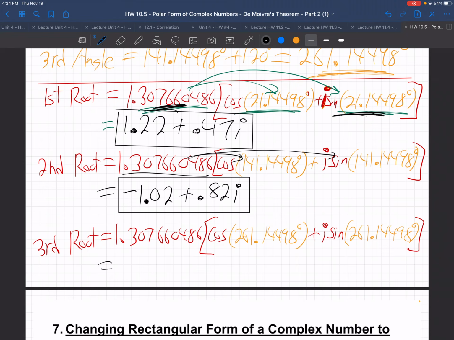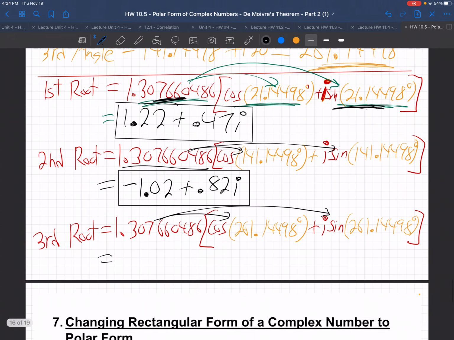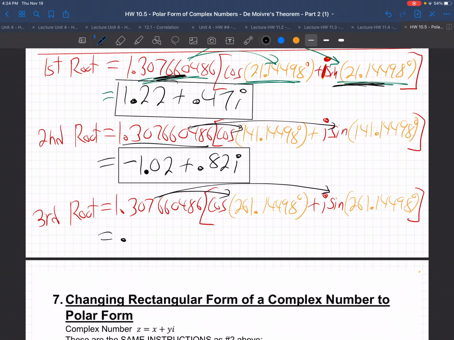And for the third, same thing, just distribute that number in the front. 1.307660486 times cosine 261.14498, and I'm getting negative 0.20, and then the last multiplication, 1.307660486 times the sine of 261.14498.